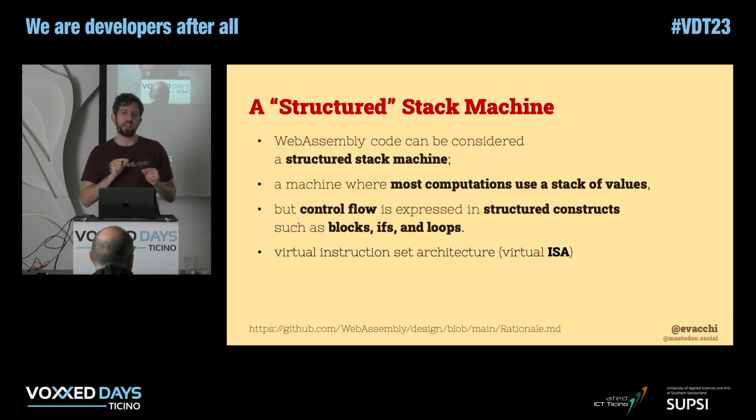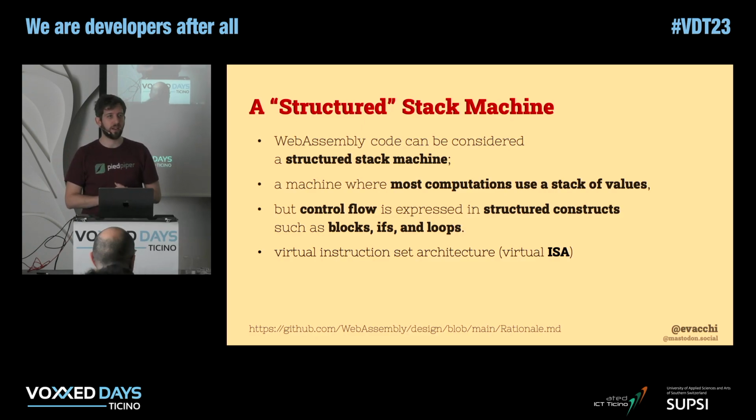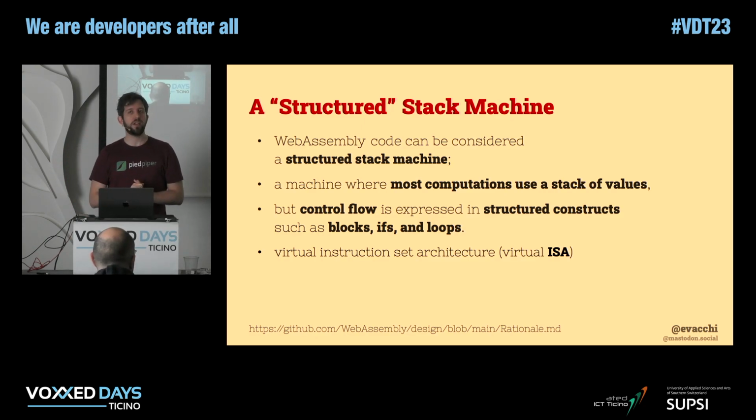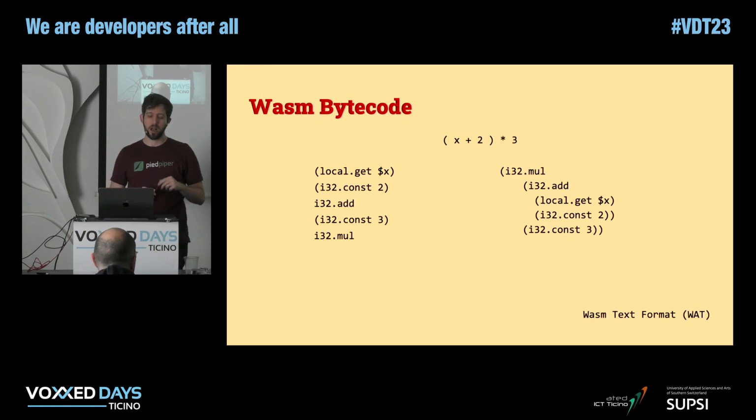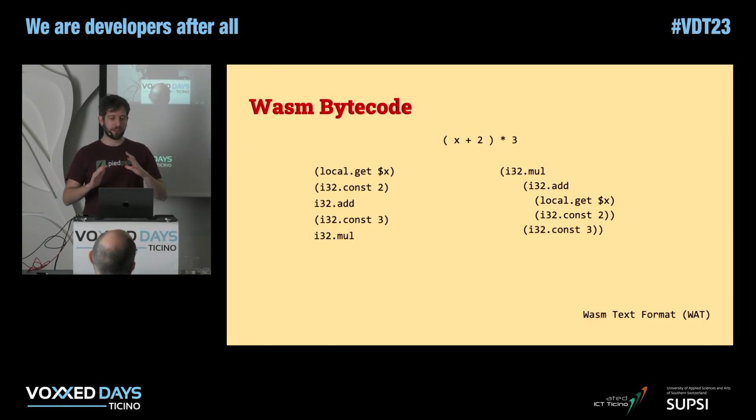While in the JVM you have arbitrary jump instructions, you can jump anywhere in the body of a method, in WebAssembly, you cannot do that. It's a virtual instruction set architecture. Let's see an example of that. There's both a flat representation and a structural representation.